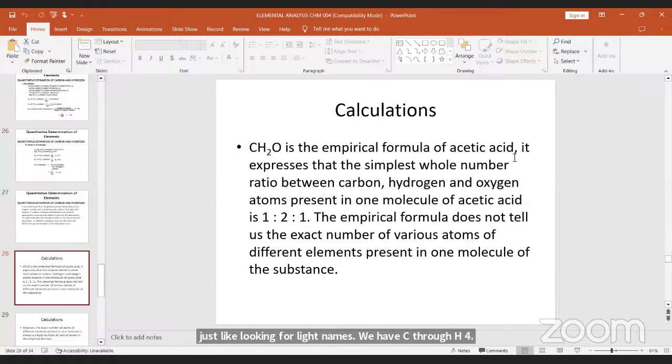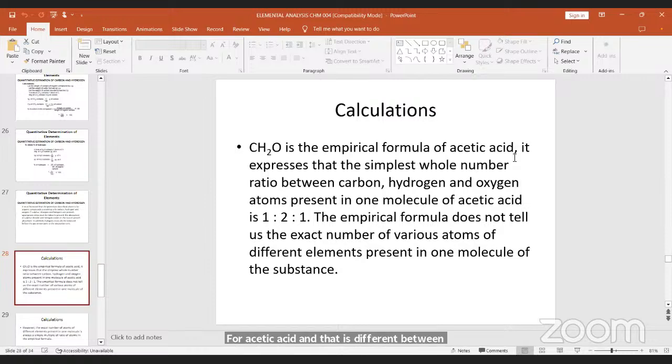So if you divide all through by 2, you will get CH2O. So CH2O is the empirical formula, but CH3COOH is the molecular formula for acetic acid. And that is the difference between molecular and empirical formula.